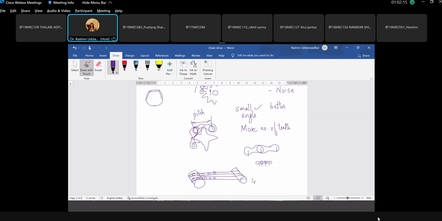We'll have a quick look at this duplex and triplex chain, how the power transmission capacity increases. I'll give you the page number. The chain drive, 7.71 as per my book. Please refer to it quickly.